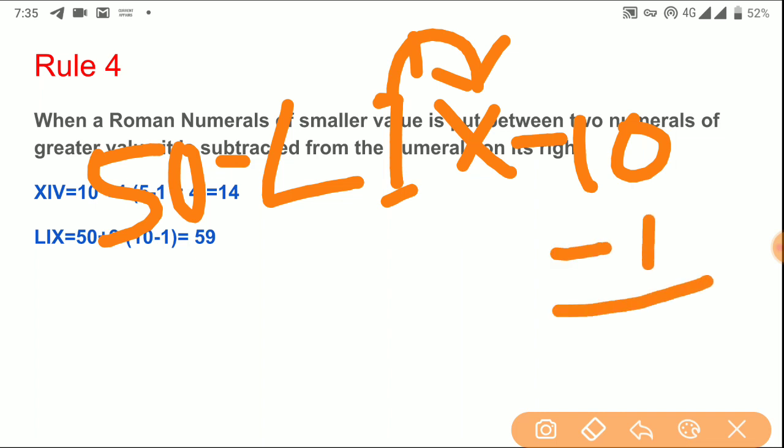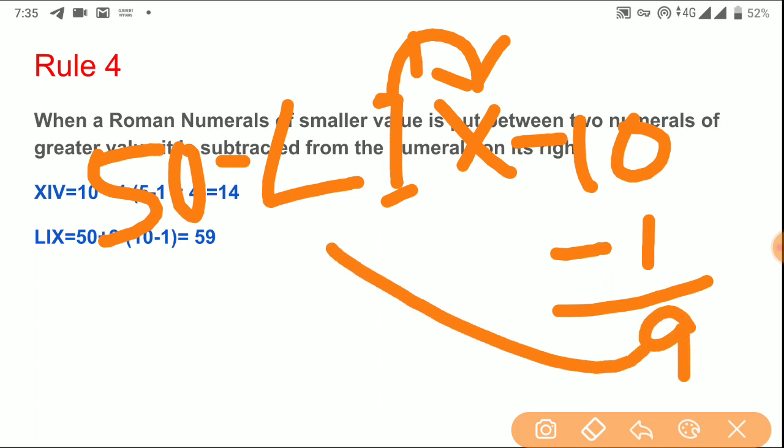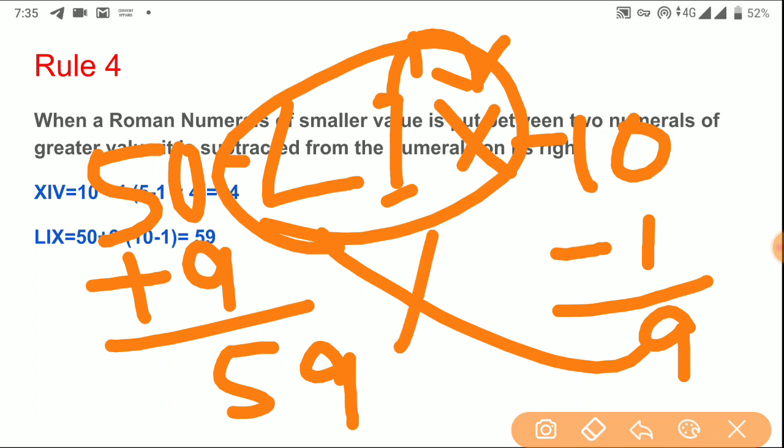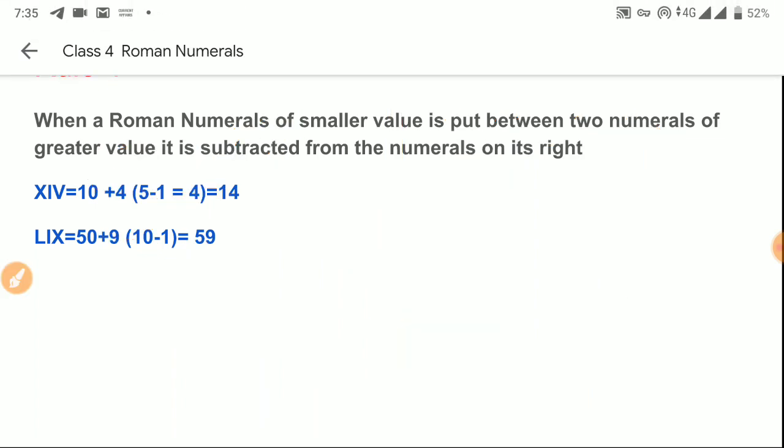After subtracting, the value of I is 1. I will be subtracted from its right, that is 10. We will get 9 and this 9 will be added to this L, and the value of L is what? 50. So we'll add it to 50. It will be what? 59. So the value of LIX will be 59. Hope rule number 4 is clear to everybody.